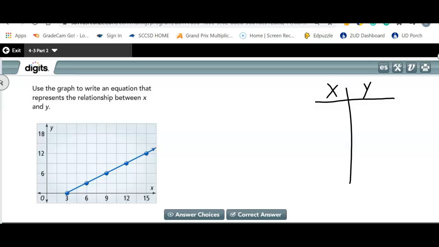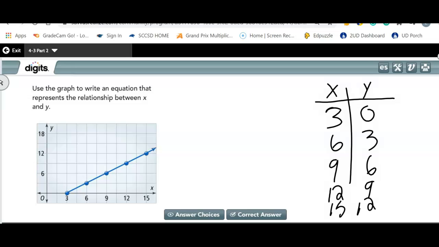X and y, we should have x is 3, y is 0, and x is 6, y should be 3. We have 9 and 6, 12 and 9, and 15 and 12. Okay, then what is the equation?